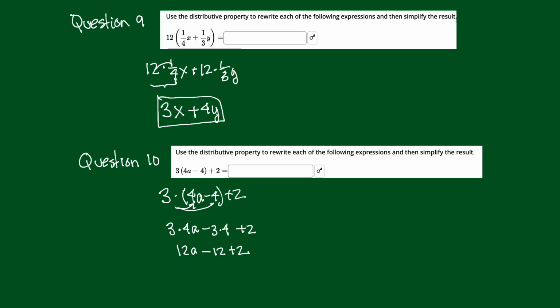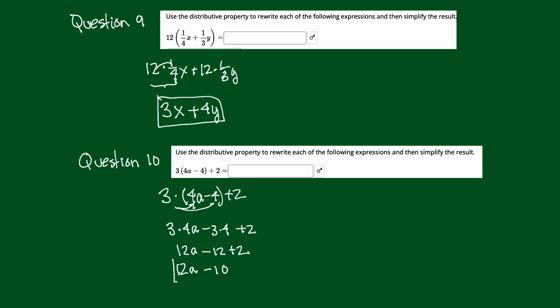I'm going to have that 12a, and then I'm going to think of this as negative 12 plus 2. It's not really negative 12, it's minus positive 12. But I'm going to think of it as negative 12 plus 2, which is negative 10. If I'm down 12 and I add 2, now I'm only down 10.